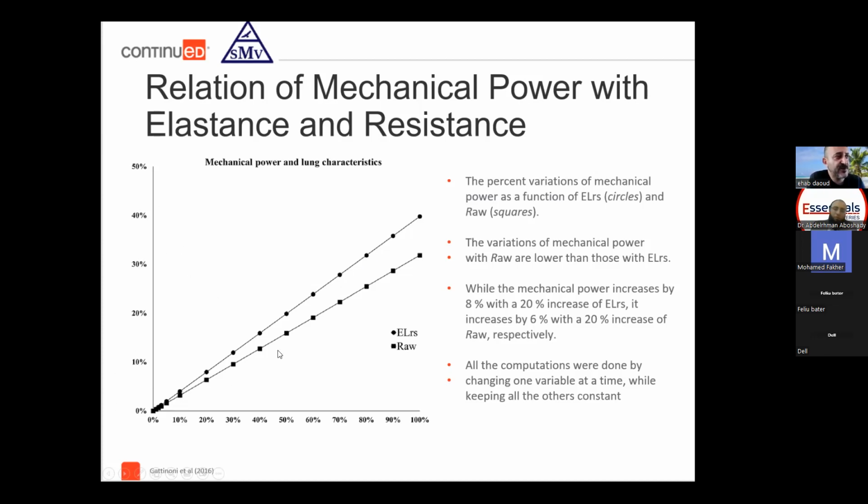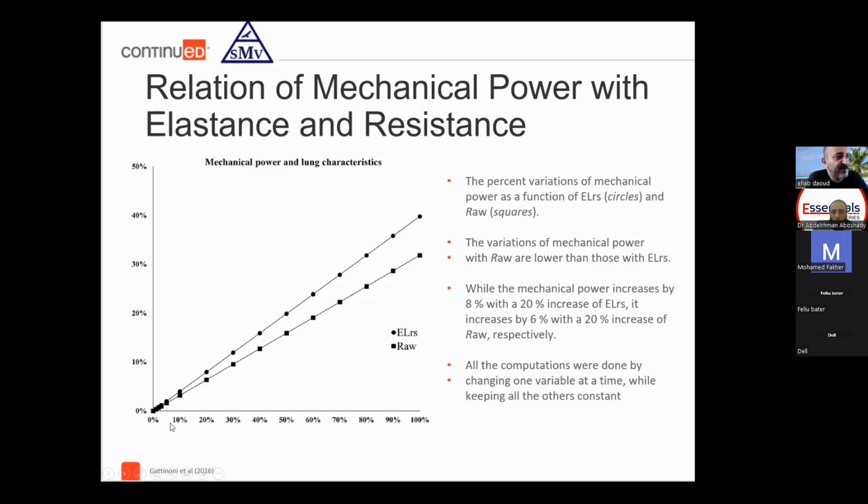And the squares here are the resistance. The more the resistance increases, the mechanical power will increase. So you find that the variation of the mechanical power with the resistance is lower than that with the elastance of the respiratory system. And that the mechanical power increases by 8% with each 20% increase in the elastance.